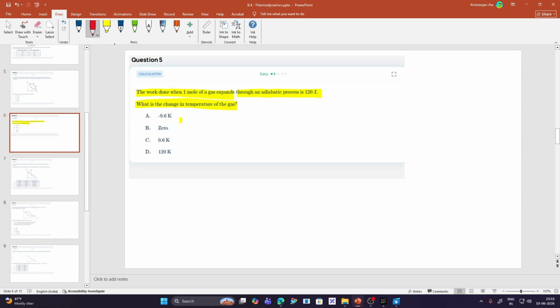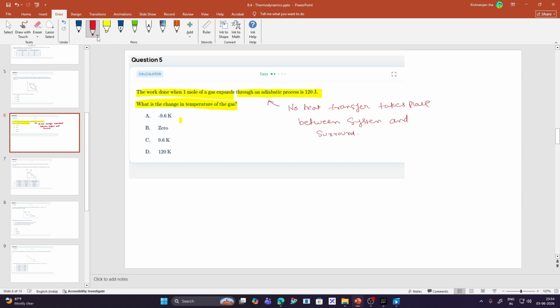You are very aware that in an adiabatic process, no heat transfer takes place between the system and surrounding. So I hope the adiabatic process is clear.